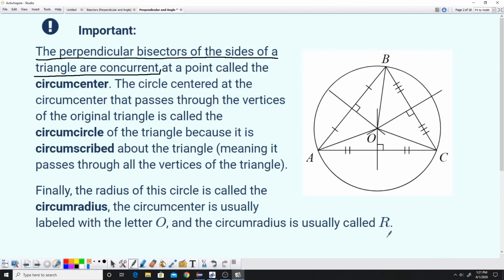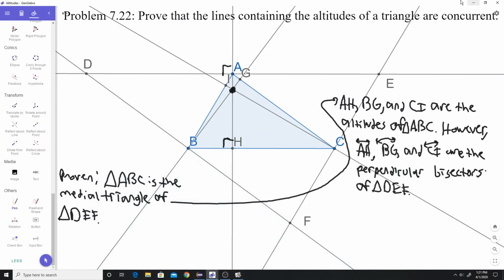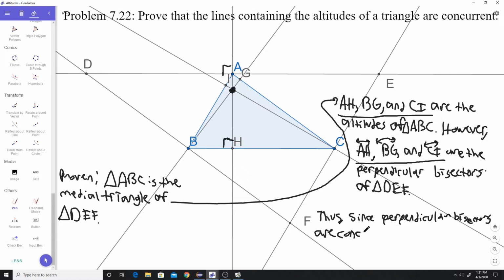And since we have already proven in the past that the perpendicular bisectors are concurrent, they all meet at a point, and the fact that the altitudes are contained within these lines, thus we have, since perpendicular bisectors are concurrent, the altitudes of triangle ABC are also concurrent.